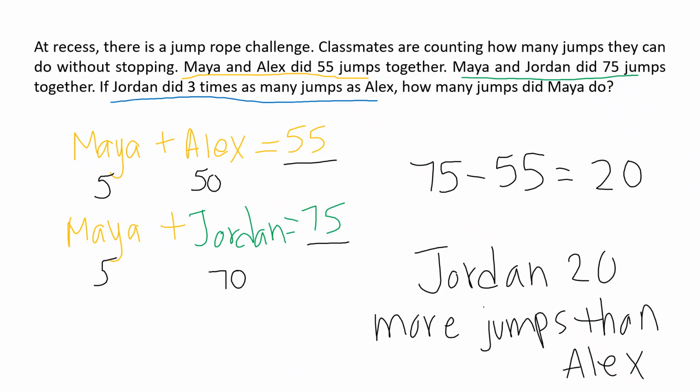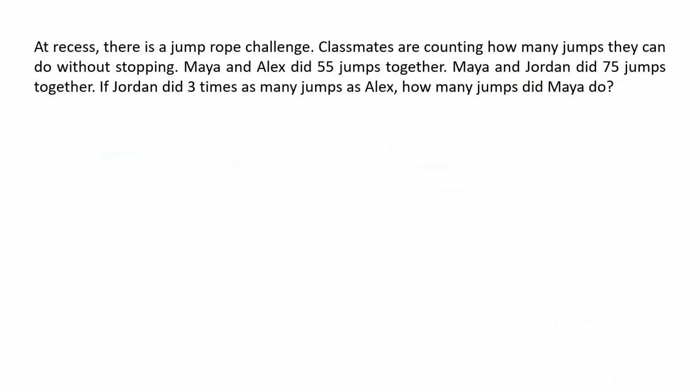And we can kind of confirm this with the example I had done with just putting some numbers, right? When I said Maya did 5, Alex did 50, and Jordan did 70, if you subtract the difference, we get 20, okay? So you can just use the final 75 and 55 to get how many jumps more Jordan did than Alex. So this is going to be really helpful because now we also know that Jordan did 3 times as many jumps as Alex.